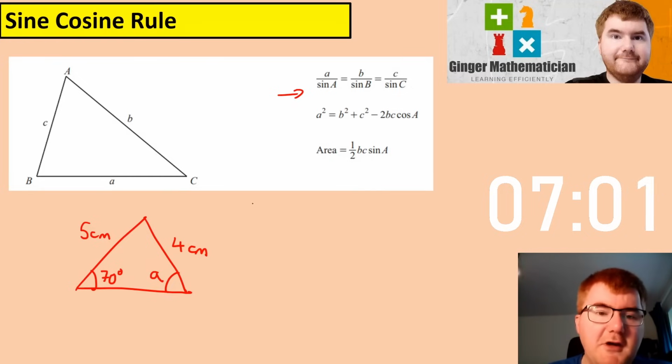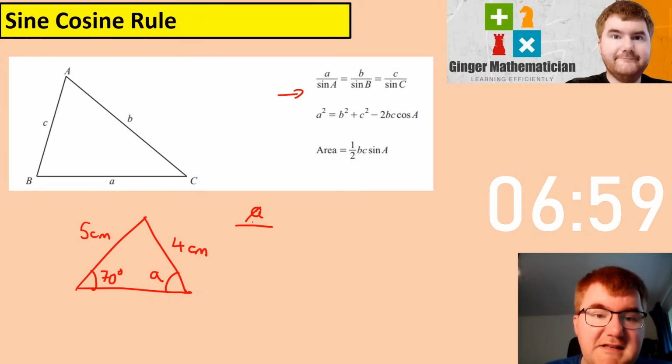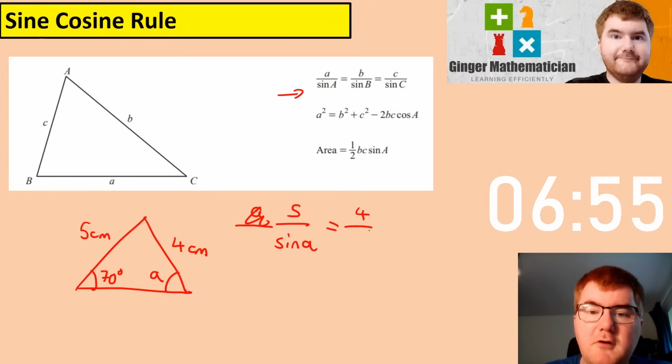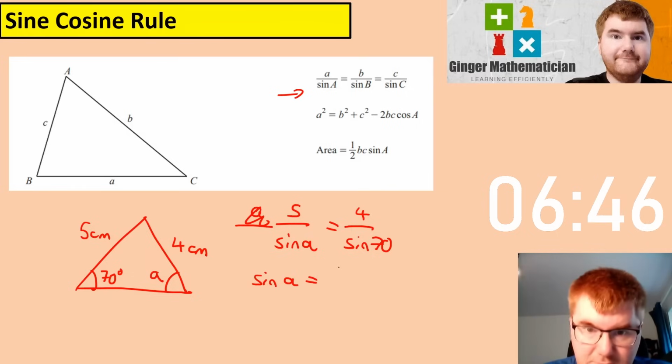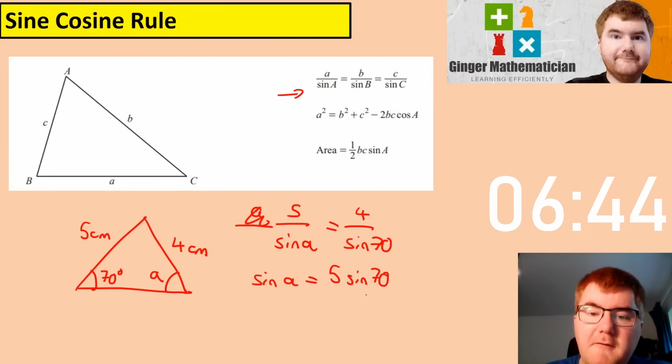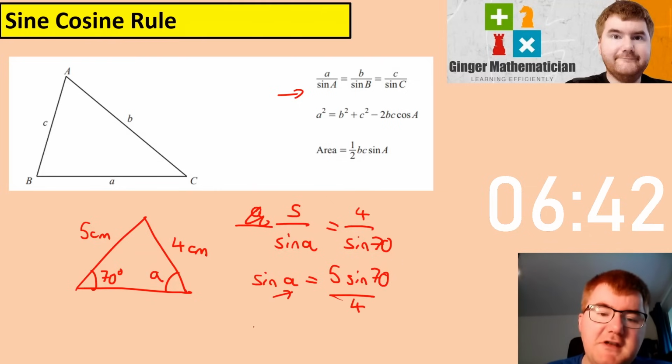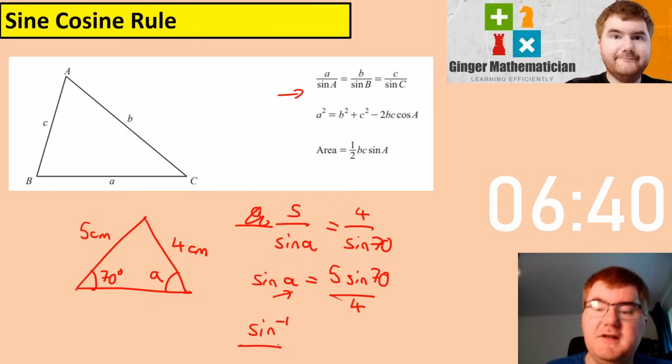I make the thing I don't know A, so A is the angle, so 5 over sine A is equal to 4 over sine 70, and now I can use cross multiplication to give me then sine A is equal to 5 sine 70 over 4, but don't forget to work out A on its own, you need to do sine inverse.